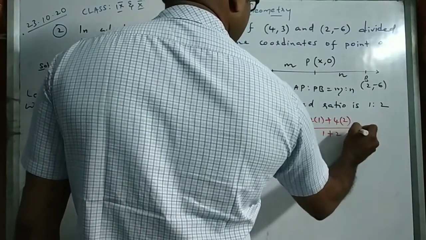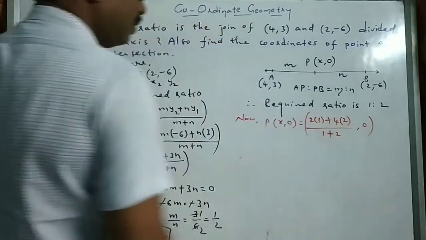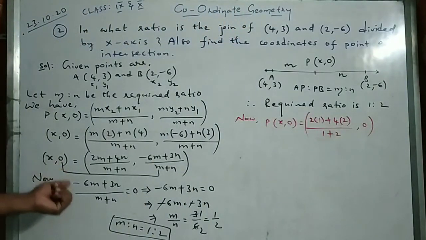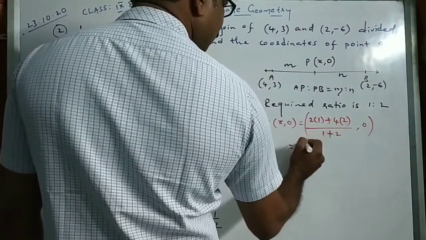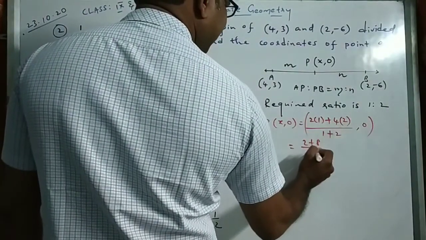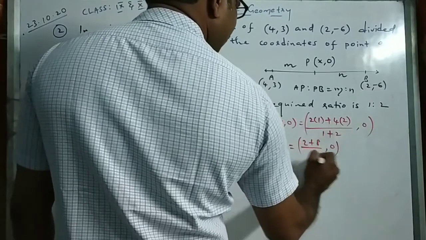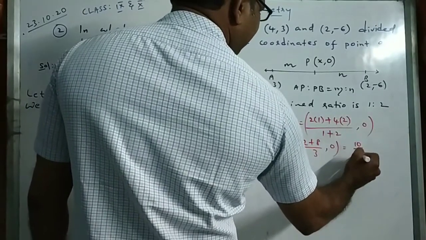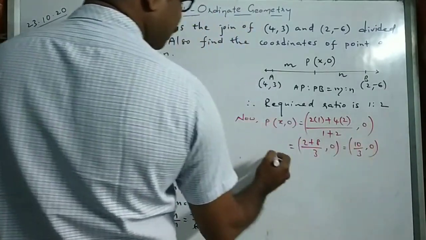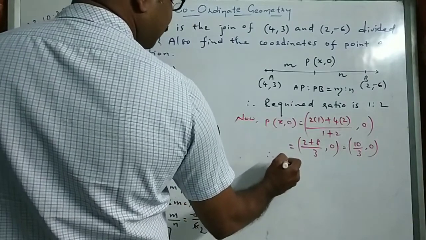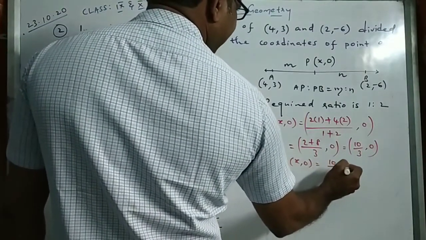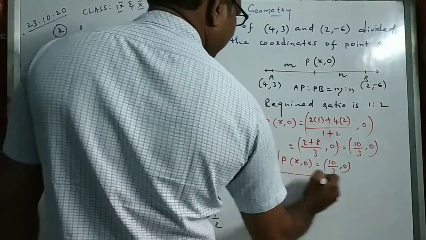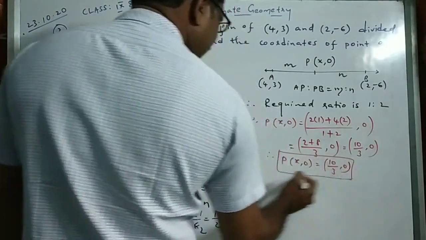Y is already 0, you need not write. So 2 ones are 2 plus 8 by 3 comma 0. 10 by 3 comma 0. Therefore, the division coordinates are what? The point of intersection is (10 by 3, 0). This is the end of the solution.